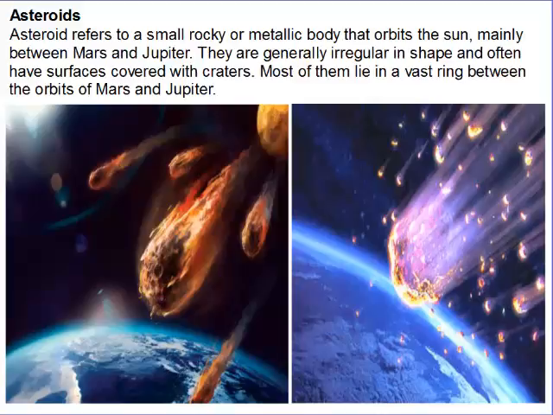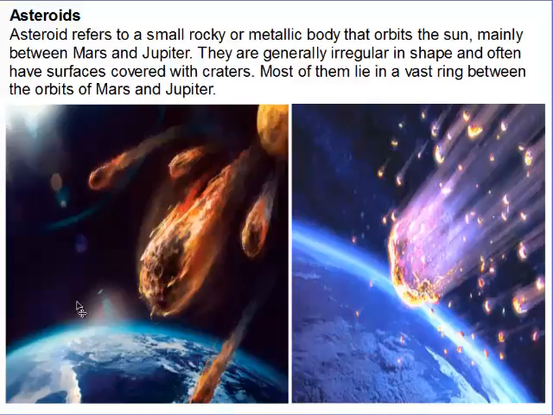Craters are depressions which are found on the surface of the earth or on heavenly bodies. So sometimes bodies may have small holes in them which look cup shaped, and that term is known as a crater. Most of them lie in the vast ring between the orbits of Mars and Jupiter.